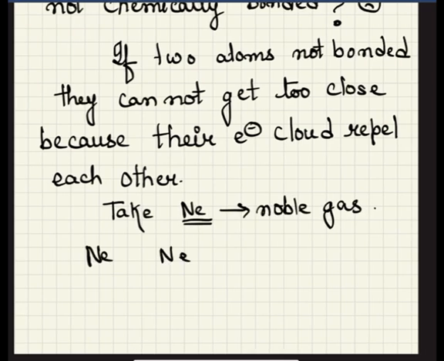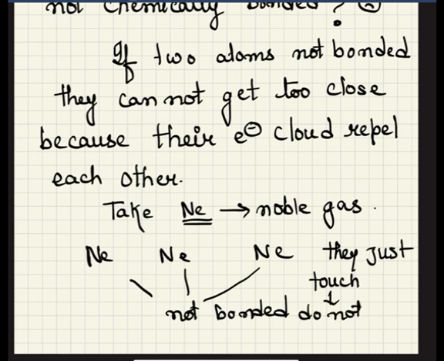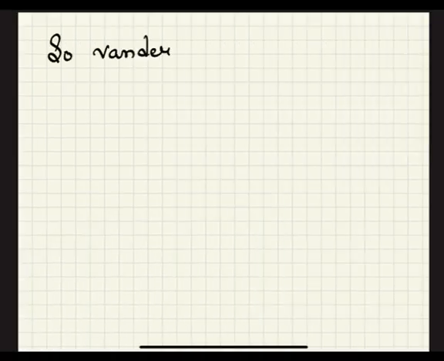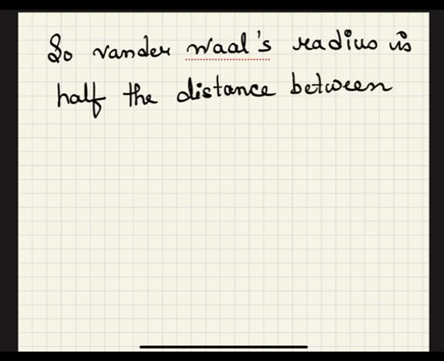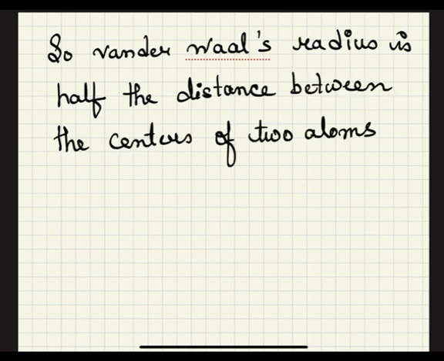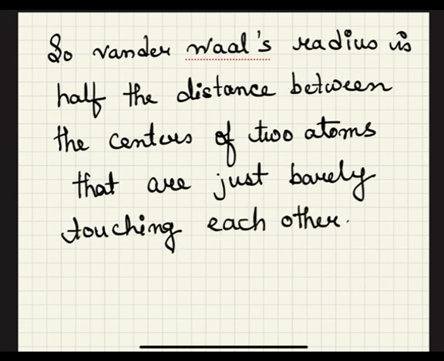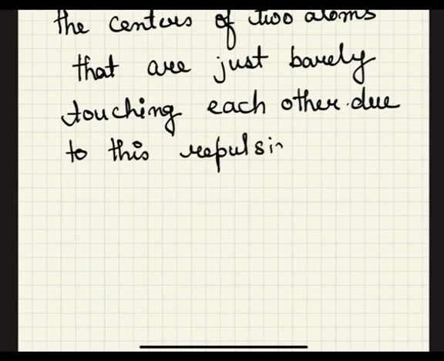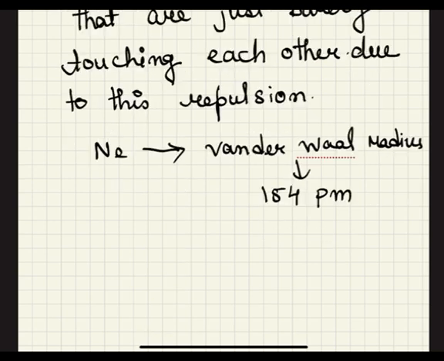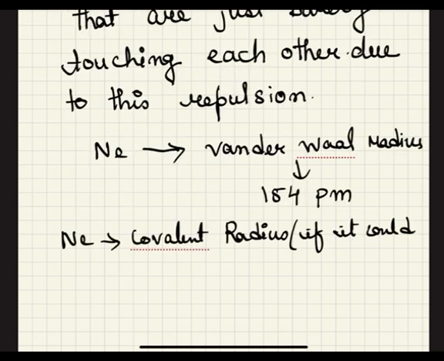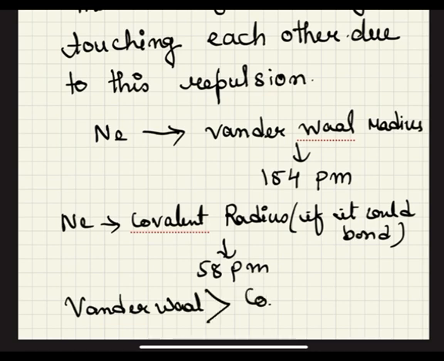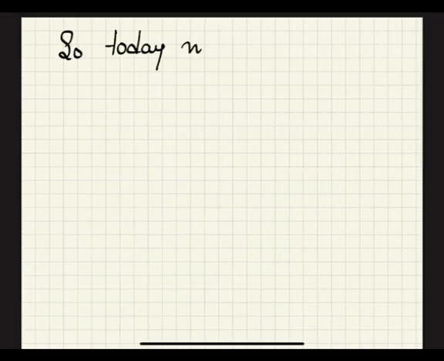Take neon, a noble gas. Neon atoms are not bonded. They just touch and do not overlap. So Van der Waals radius is half the distance between the centers of the two atoms that are just barely touching each other. Due to this repulsion, the Van der Waals radius is 154 pm, then the covalent radius will be less.